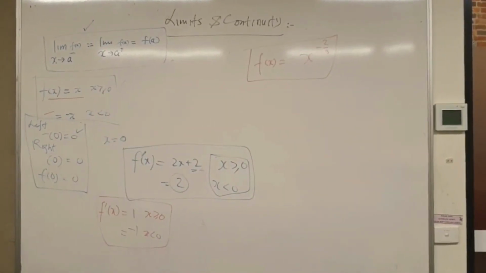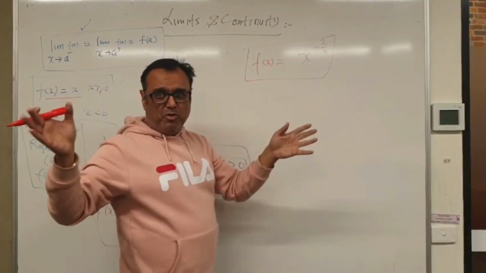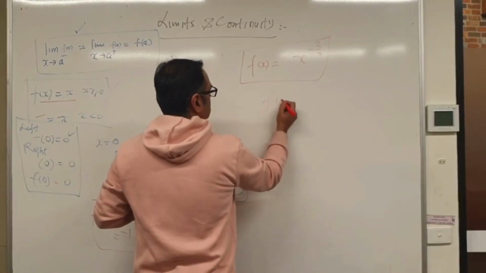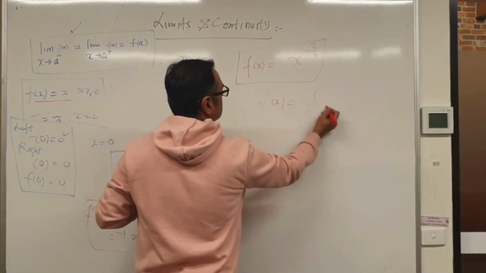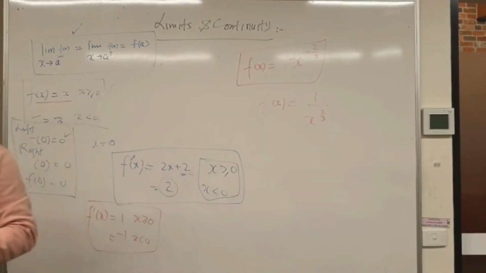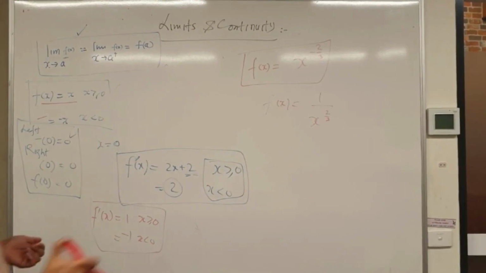Whenever you see negative indices, first of all, convert it into a positive index. Always, always. So can I write it like this? Laws of indices. Yes, Romel?